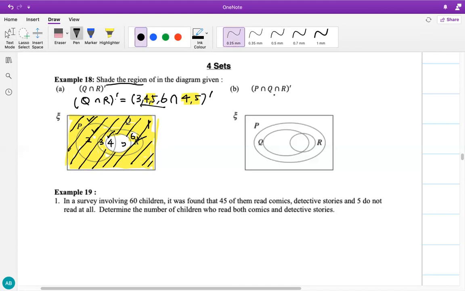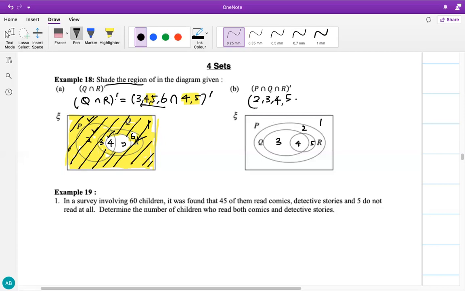How about P intersect Q intersect R prime? So first P intersect Q intersect R. Now still use the same method. P is 2, 3, 4, and 5.